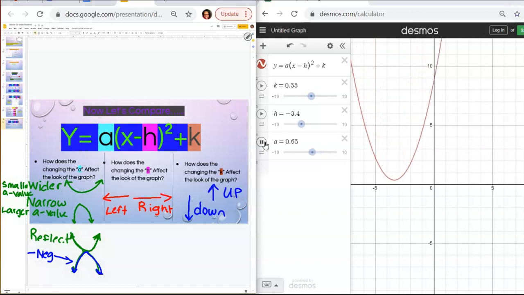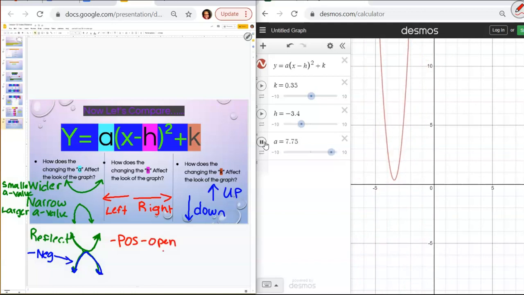When A is positive, it's going to open up. And let's put that: opens up. Negative is going to open down.